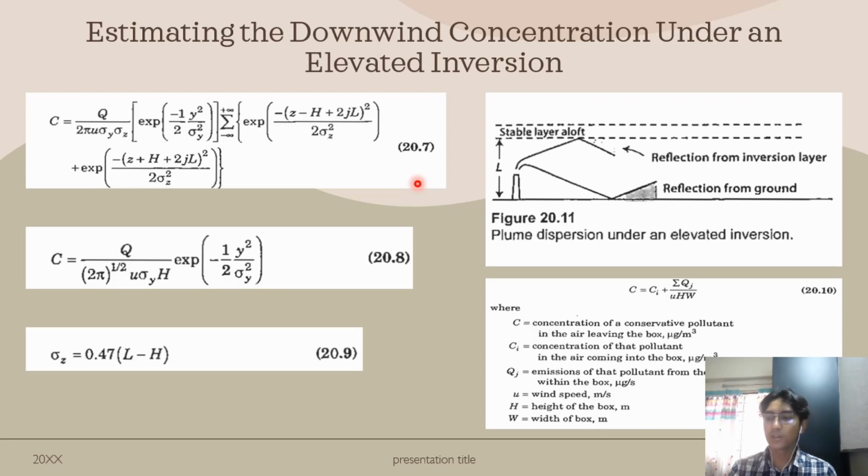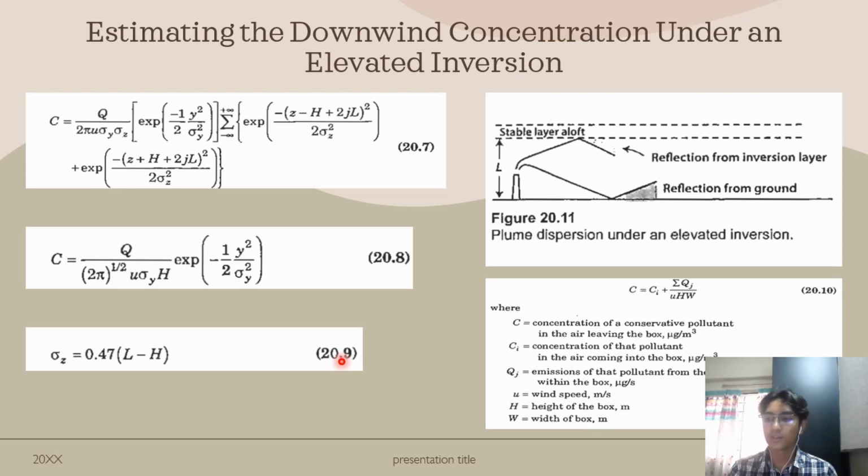During the breakup of a ground-based inversion, fumigation of a plume can occur. Under these conditions, the equation that best describes the downwind concentration is equation 20.8. Turner, in 1970, suggests that equation 20.8 is also valid for the plume trapped under an elevated inversion at height L if L is substituted for H and if X is sufficiently far away from the source.